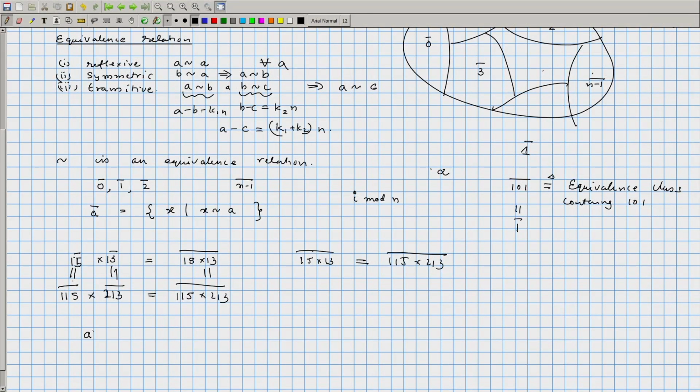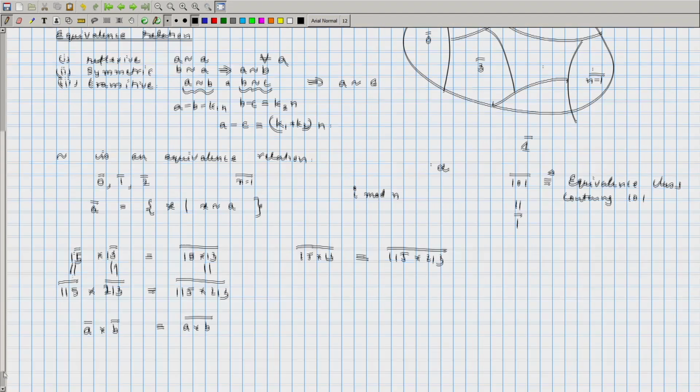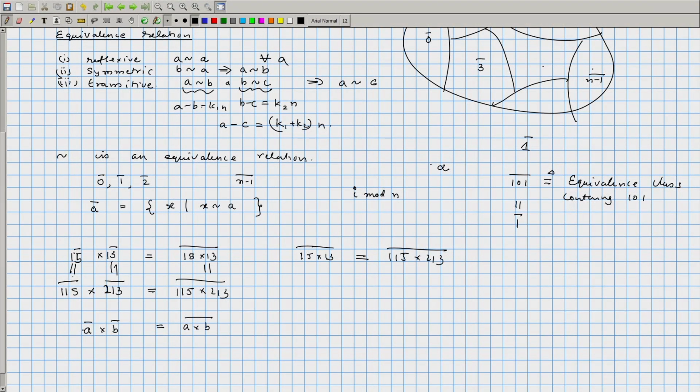Okay. So, we can say A bar into B bar is going to be equal to A into B the whole bar, because A bar is all those elements which leave a remainder A, and B bar is all those elements that leave a remainder B. So, you can think of A as remainder A plus k1 times n, and B is equal to remainder B plus k2 times n, and AB is going to be equal to remainder A times remainder B plus all the other terms are going to contain n in them.